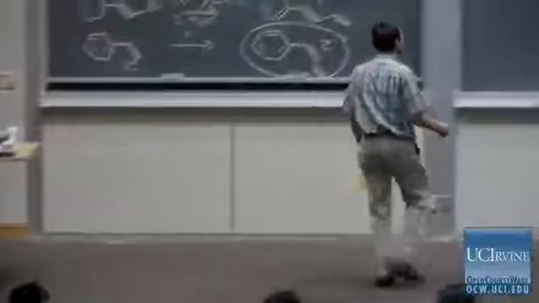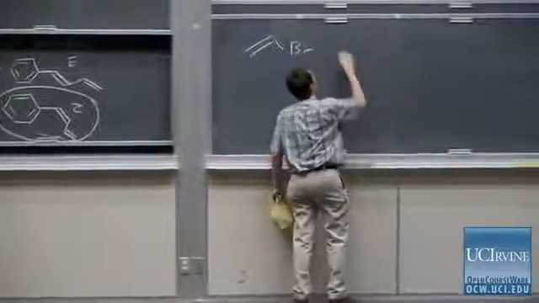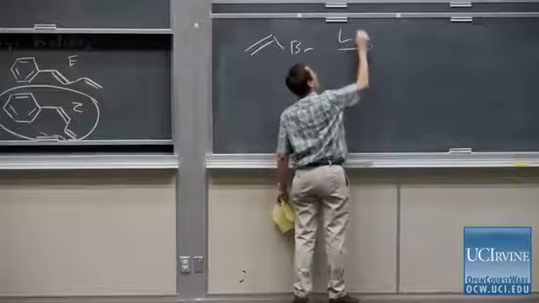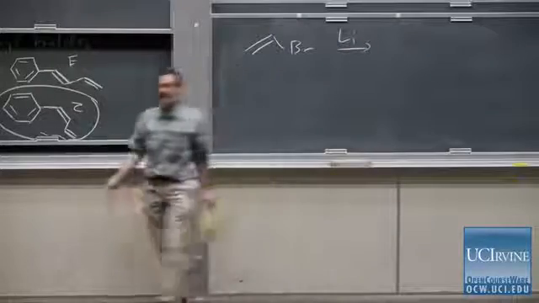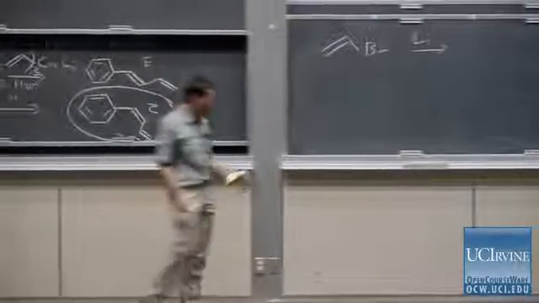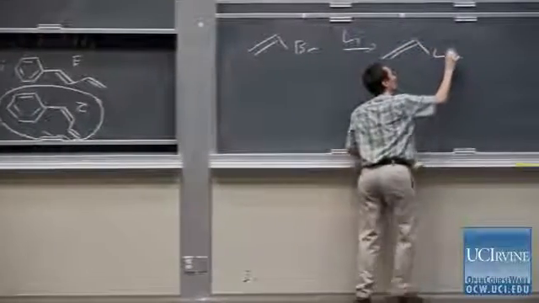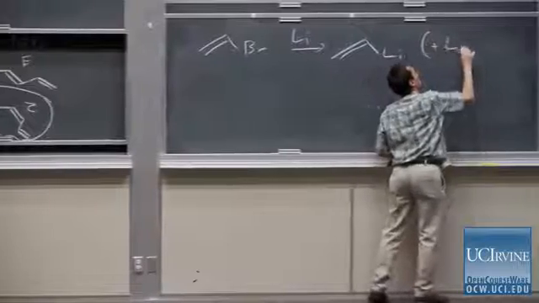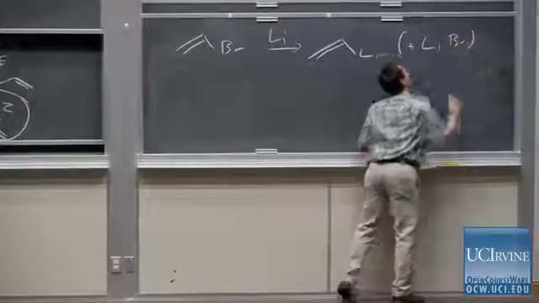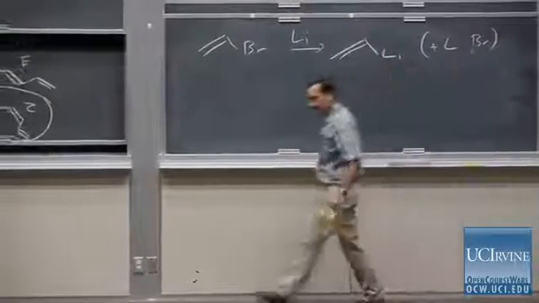Remember, 2 equivalents of lithium metal is required to react with a halide to give an organolithium reagent. So I would get vinyl lithium plus lithium bromide if I wanted to balance my equation.